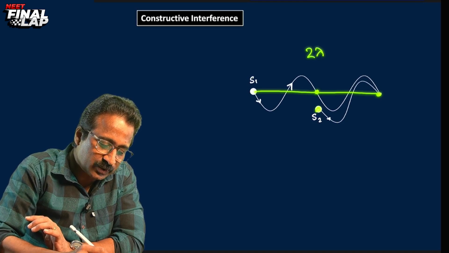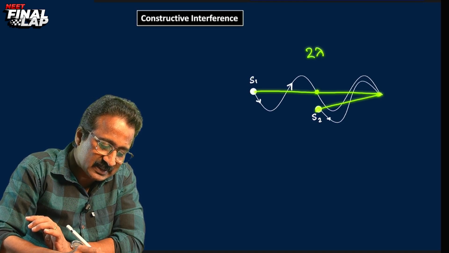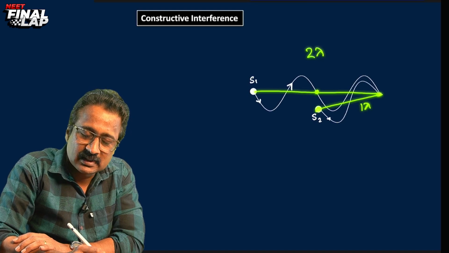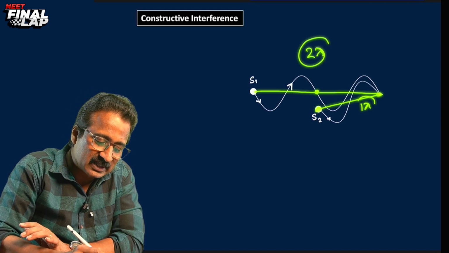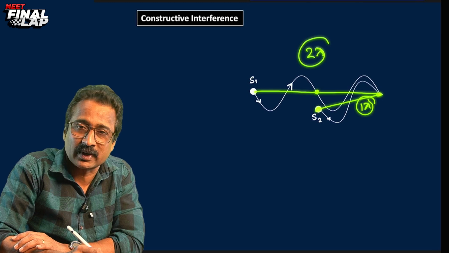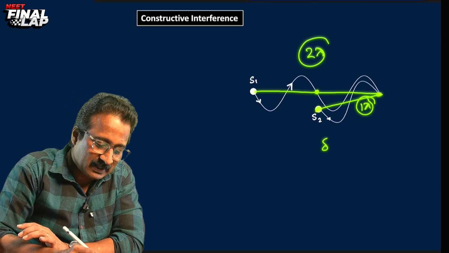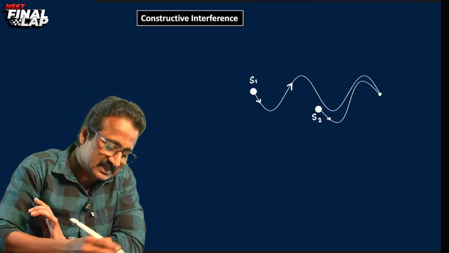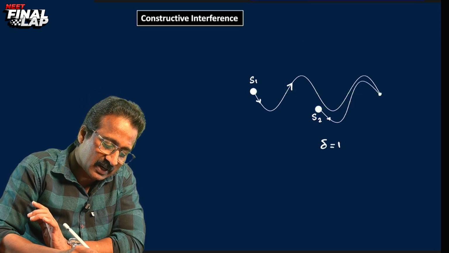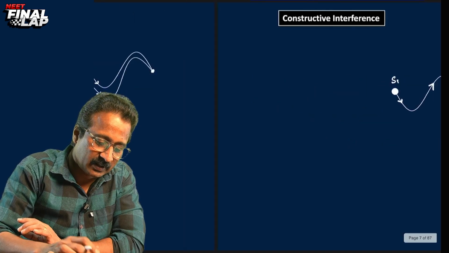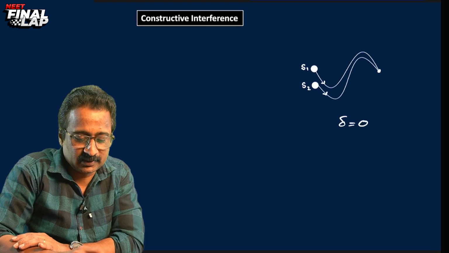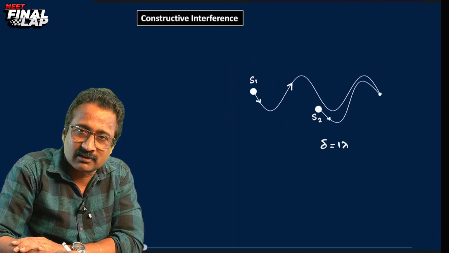While S2 is at the same point, that wave covers a path length of only 1 lambda. Now in this case there is a clear path difference. The path difference here is 2 lambda minus 1 lambda, which is going to be equal to 1 lambda. So here the path difference del is equal to 1 lambda. So when the path difference del is equal to 1 lambda, then again the interference is constructive. Earlier we saw that when the path difference del is equal to 0, the interference is constructive. So for 1 lambda again interference is constructive.